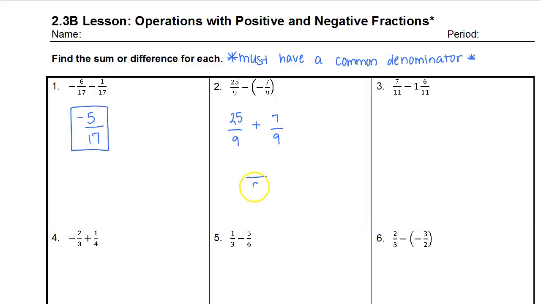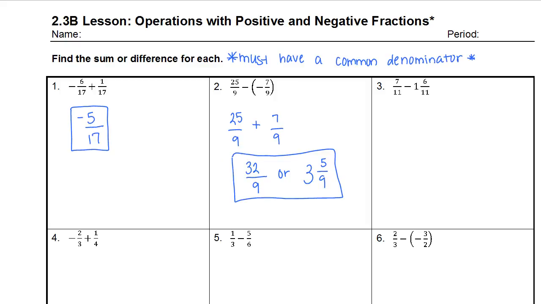In my answer, my denominator will be 9, and to find my numerator, I have to add +25 and +7, which of course is 32. 32 over 9 is an improper fraction, and we can change it to a mixed number. 9 divides into 32 3 times, which is 27, and the difference would be 5, so 3 and 5/9 would be our mixed number for number 2.